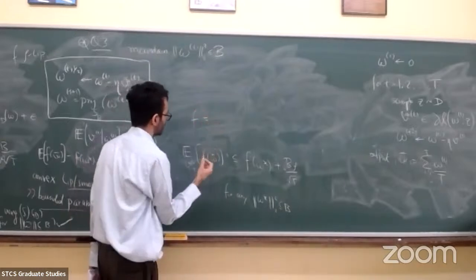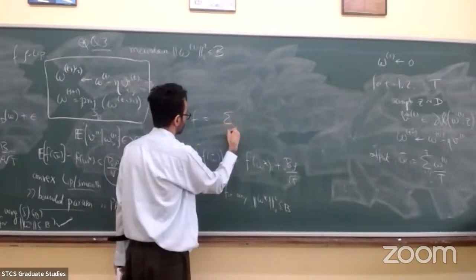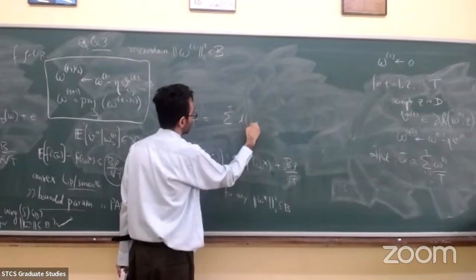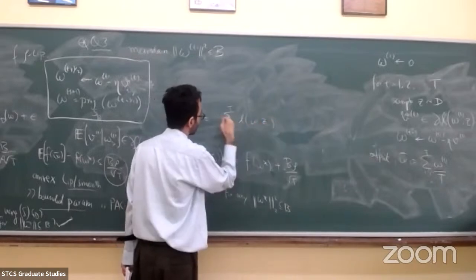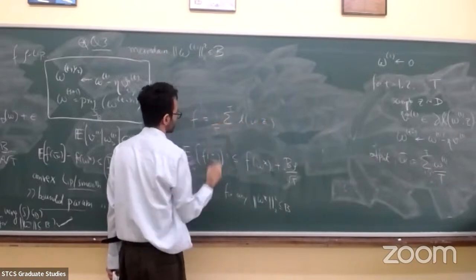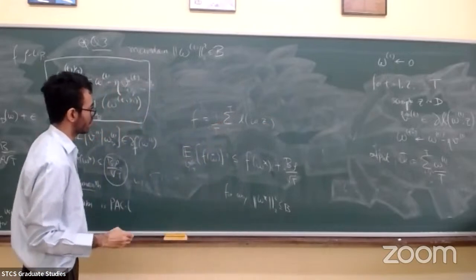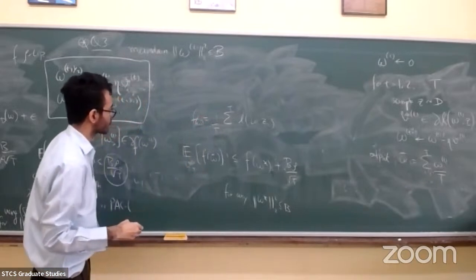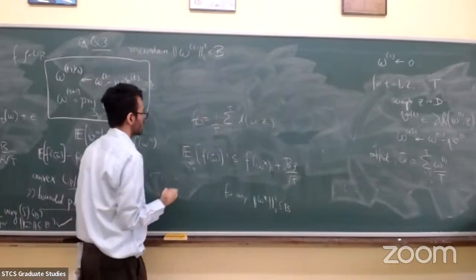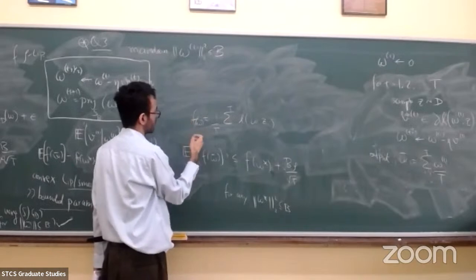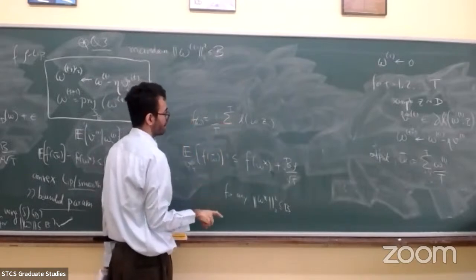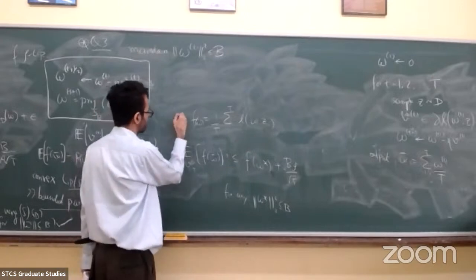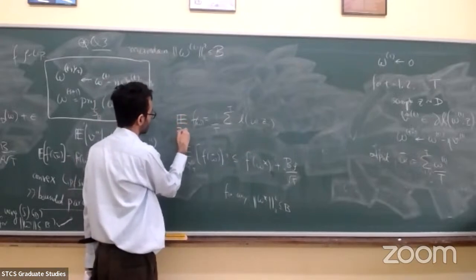F here is L of Z_L. Okay, so now I take expectation on both sides with respect to Z_L. So I take expectation over Z_L.